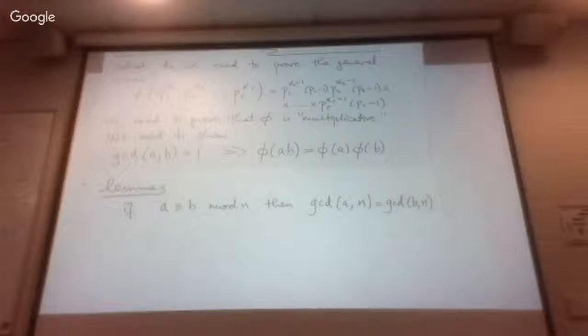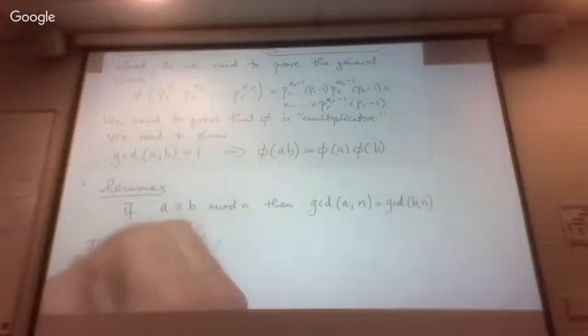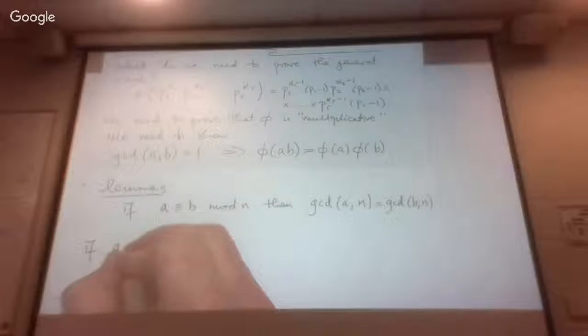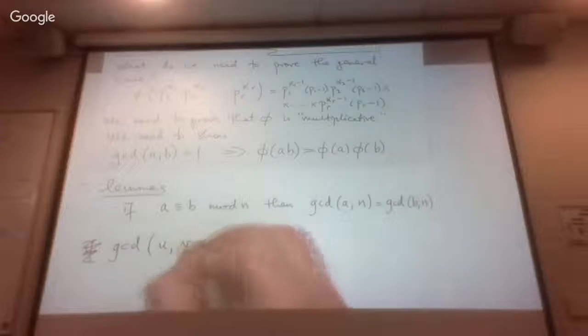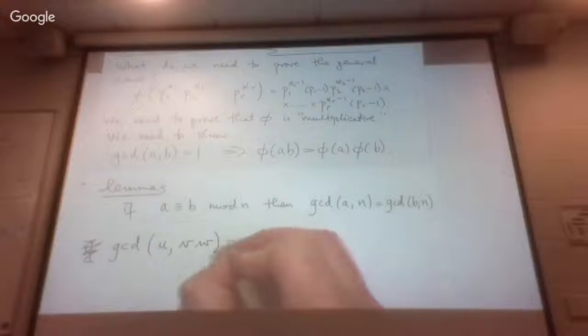Two things are congruent modulo n, they have the same greatest common divisor with n. Secondly, there's a thing about breaking GCDs down with respect to products.